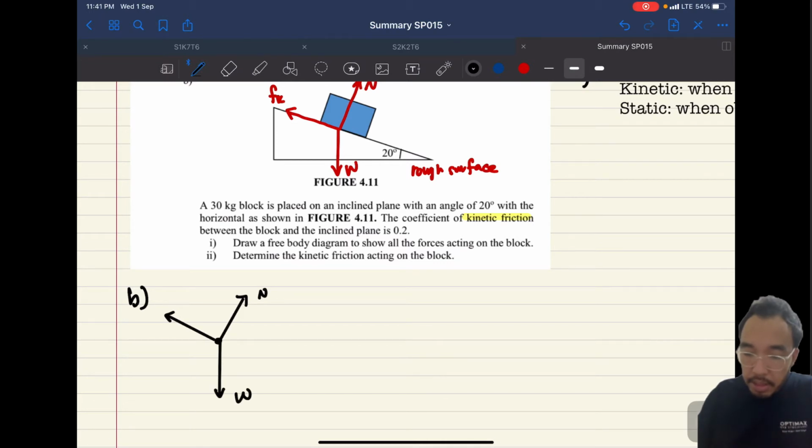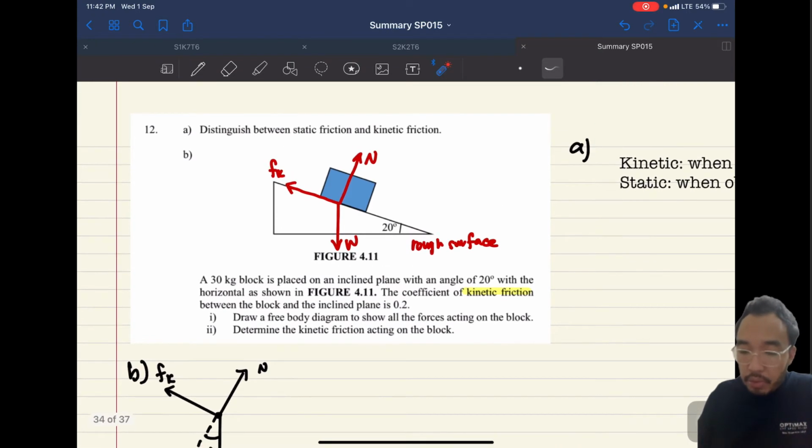Okay, again, like how I always told you, the angle there represents the angle towards the y component, so you don't have to find it every single time. As long as it is between the slanted surface here and the horizontal, that angle represents the angle towards the y component. So that one you need to show in your free body diagram, or else we lose, I think, 1 mark.